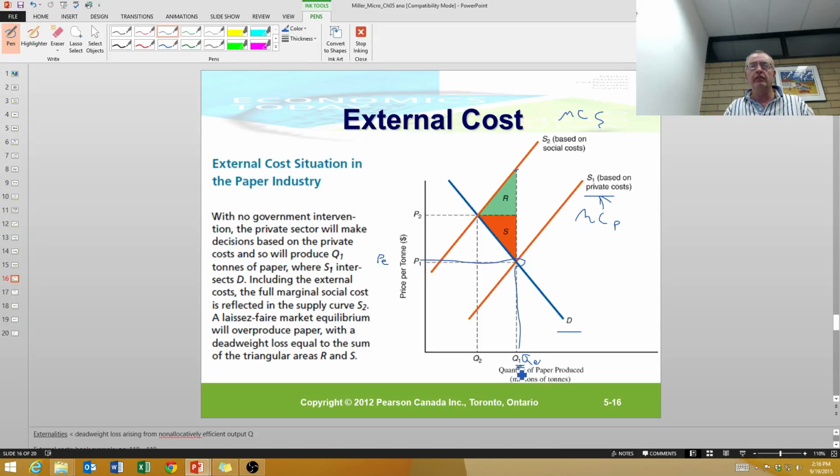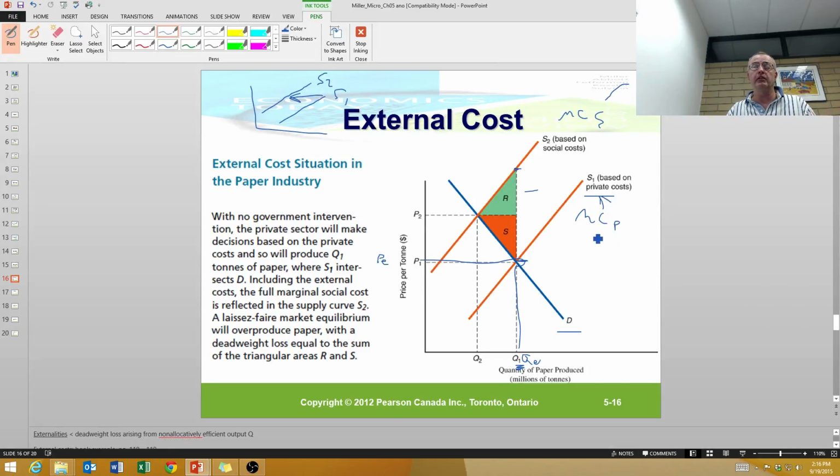At this level of output, if societal costs exceed private costs, we have this deadweight loss. Remember before we said if costs increase, then the supply curve shifts to the left. That's effectively what happens here.